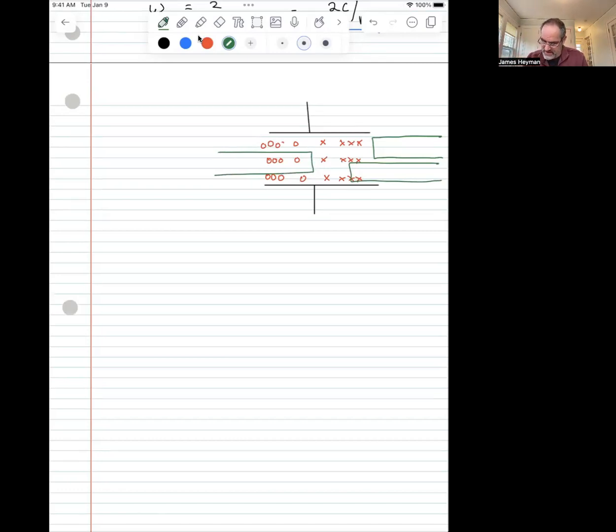But that's really brilliant in a way, because since the electric field goes to zero at the edges, we can put a conducting wall here, and it doesn't make any difference. There won't be any current that flows through the wall. So it'll be as if it weren't there.